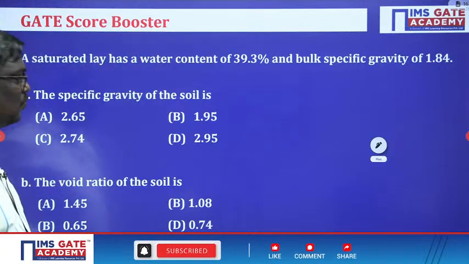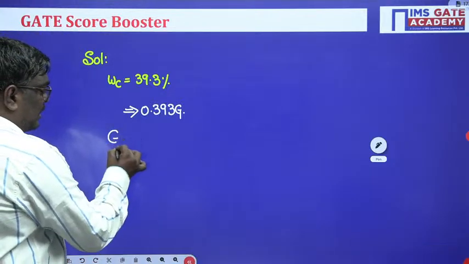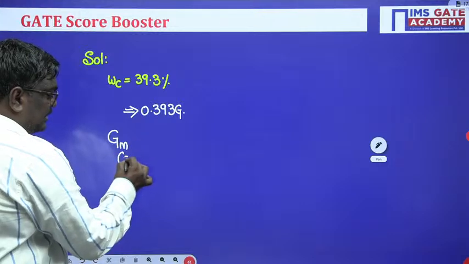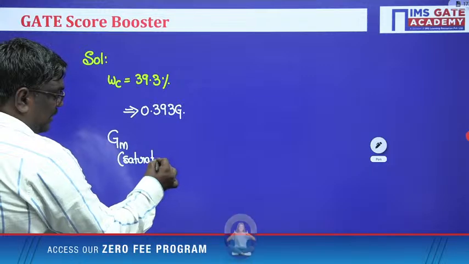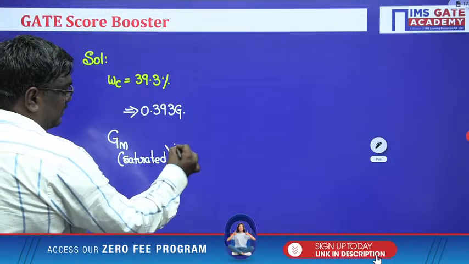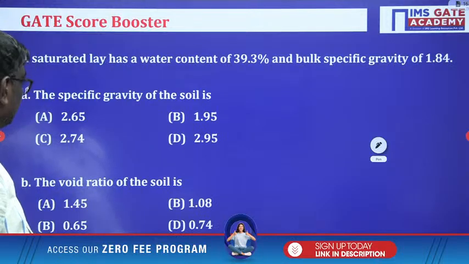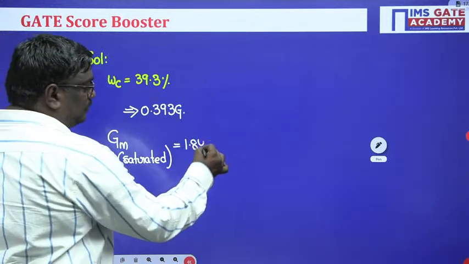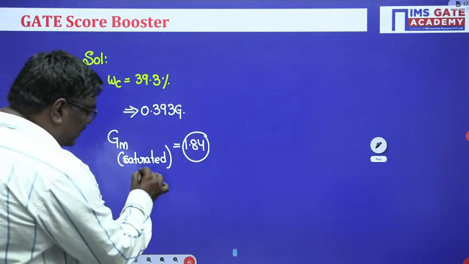Specific gravity is 1.84. So my dear students, you should understand the mass specific gravity will change according to the condition. So they have given mass specific gravity in saturated state is how much, sir? How much they have given? 1.84, right? But let me tell you, what is the formula for mass specific gravity in saturated soil?